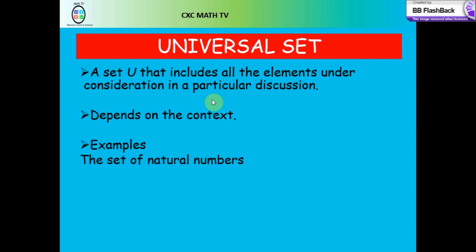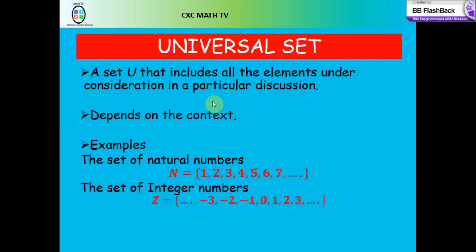So the universal set would be all the possible counting numbers: 1, 2, 3, 4, 5, 6, 7, 8, 9, 10, 11, 12, 13, 14, 15, 16, 17, 18, 19, 20, and so on. That would be the universal set. The set of integers, we list them out: all negative whole numbers, all positive whole numbers, and of course including the number 0.